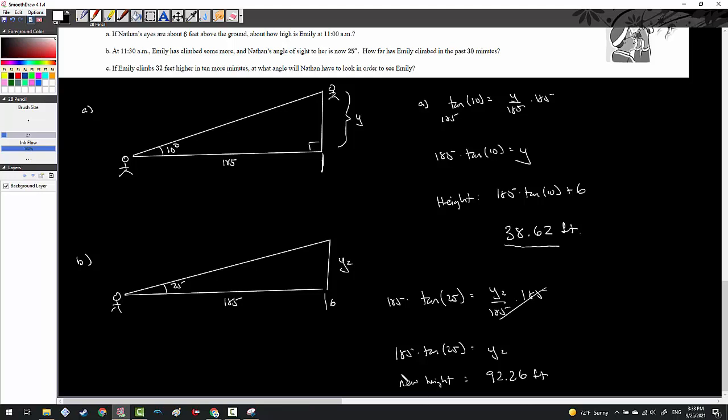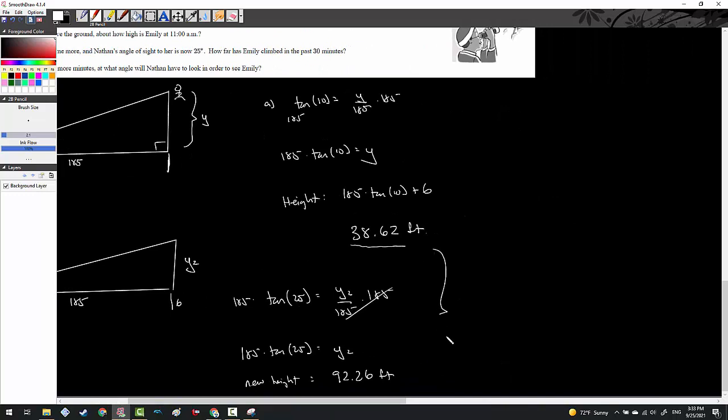So if I take my new height and I subtract my original height, I should end up with the total distance changed. So let's see what that looks like. 92.26 minus 38.62 gives 53.64 feet changed. So it looks like Emily climbed 53.64 feet more in the air.